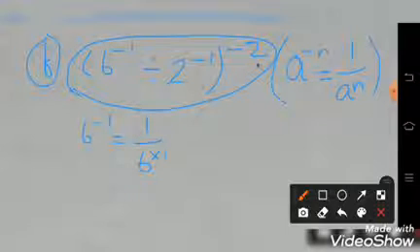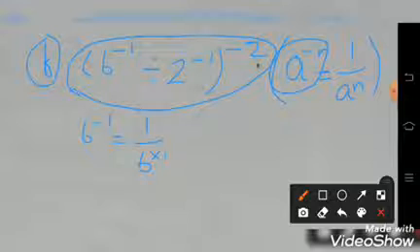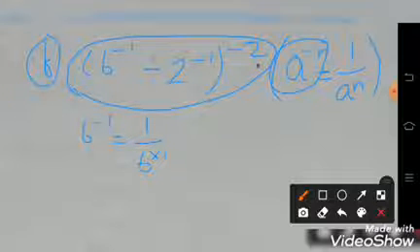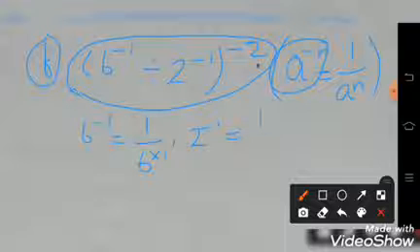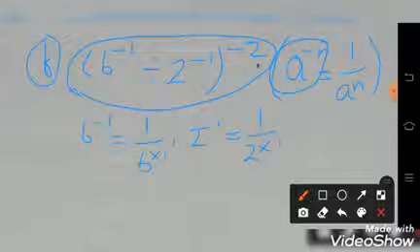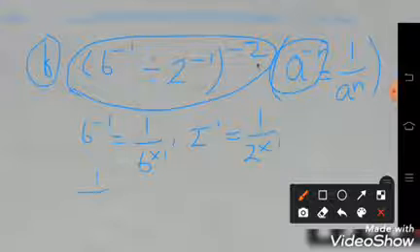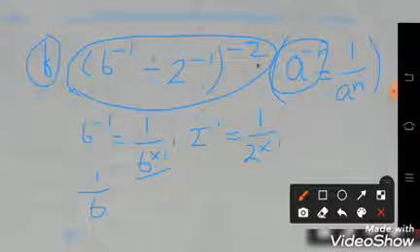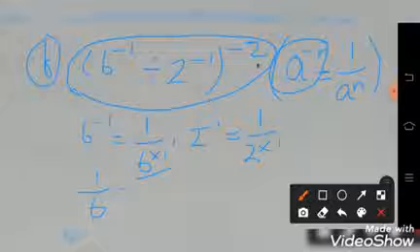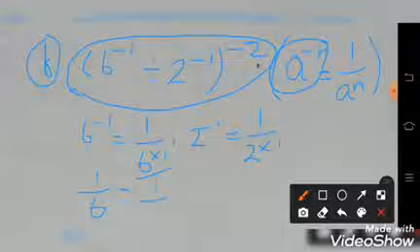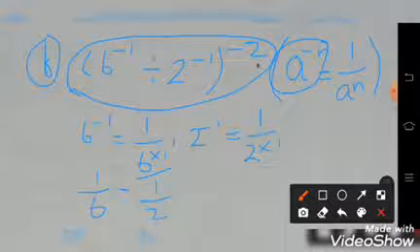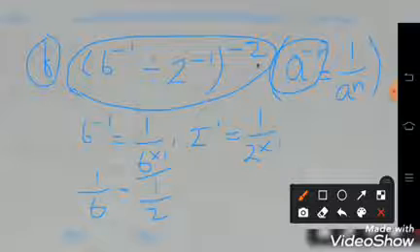This is because a to the power minus n is equal to 1 by a to the power n. And again 2 to the power minus 1 is equal to 1 by 2 to the power 1. So 1 by 6 to the power 1 is 1/6 only, divided by 1/2, which is 1/2 only.